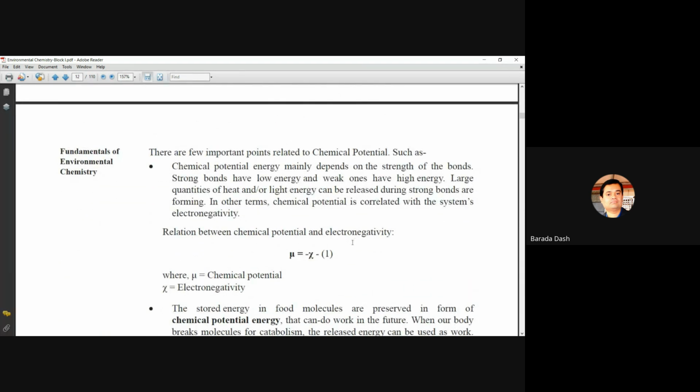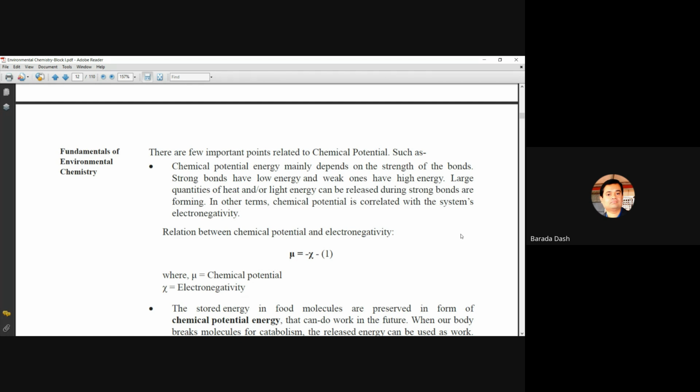There are a few important points related to chemical potential. Chemical potential energy mainly depends upon the strength of the bonds. Strong bonds have low energy and weak ones have high energy.